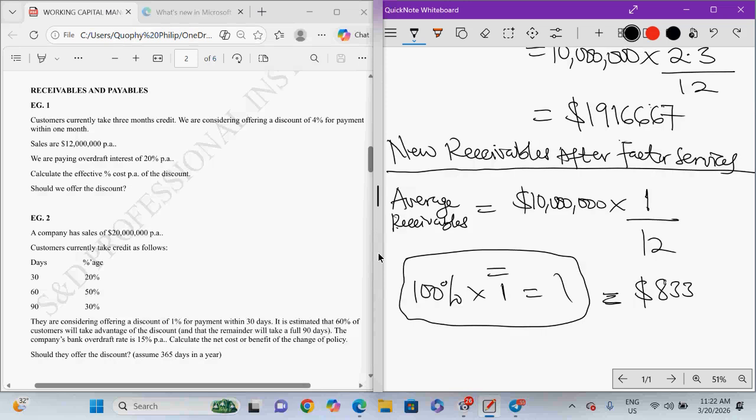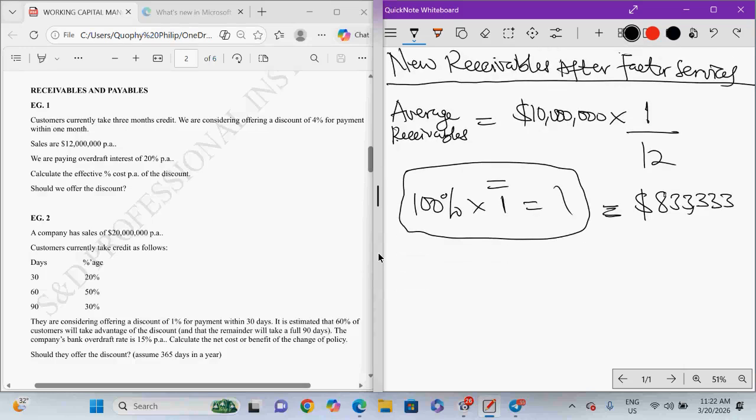How many threes? I said 5. 1, 2, 3, 4, 5. Okay, so this is our average receivables after the factor service.